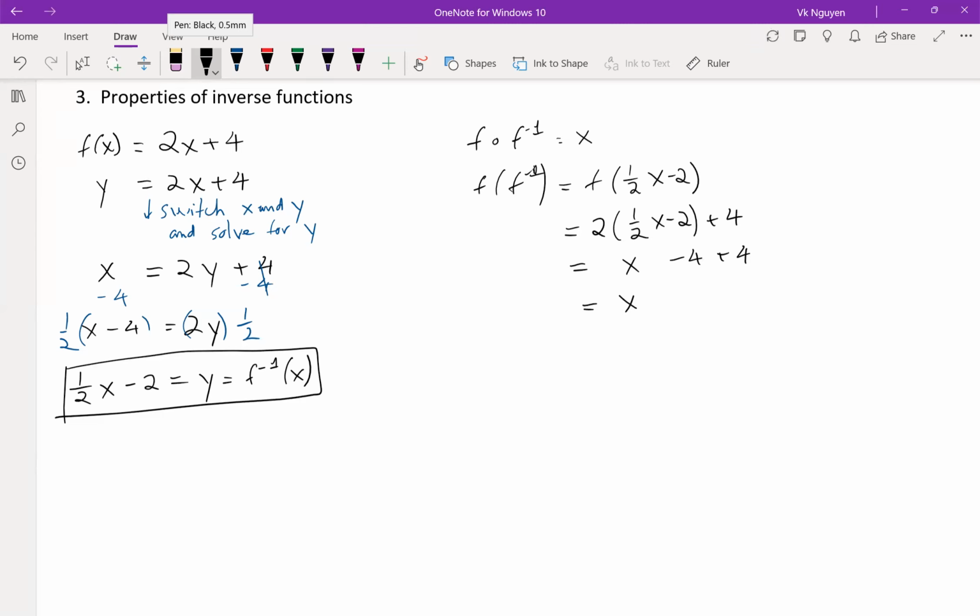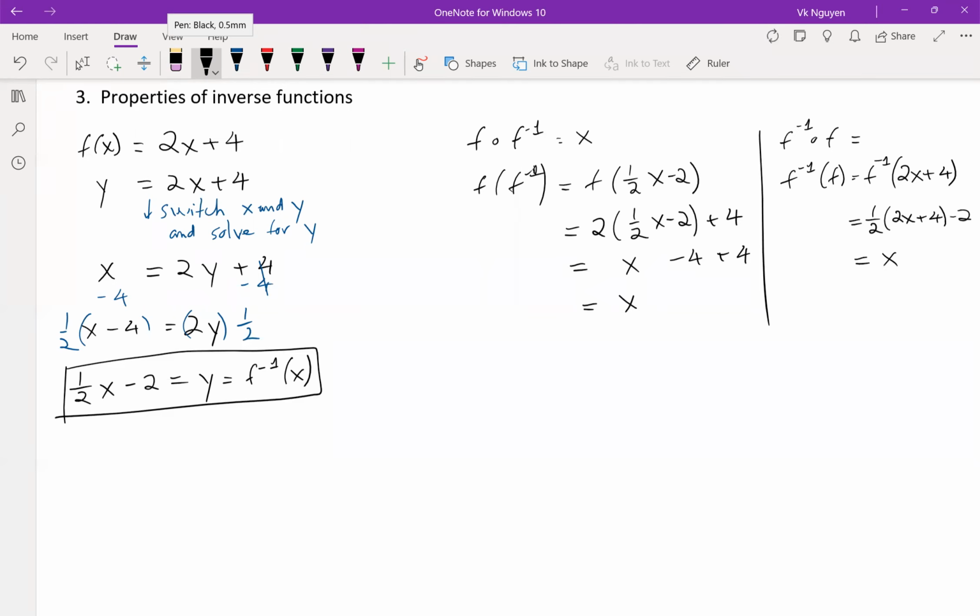Do the same thing for F inverse circle F. So this is F inverse of F, and that is F inverse of 2x plus 4. F inverse is 1/2, sub 2x plus 4 for x, minus 2.